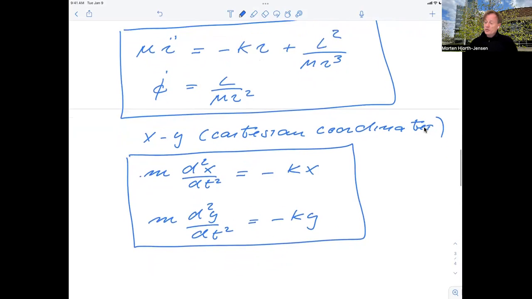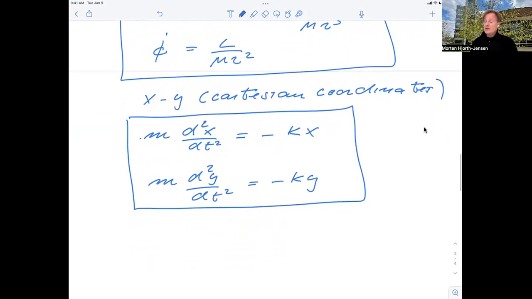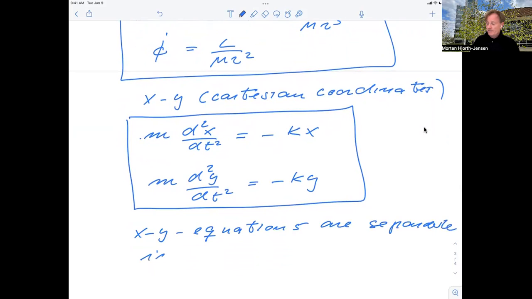Now, the thing we should note here is that the equations in Cartesian coordinates, the x and y equations, are what we call separable. They are not coupled. So this means that when they are separable in x and y, the differential equations are not coupled. You can see that the equation for x does not depend on y, and the same happens for the equation for y, which does not depend on x.